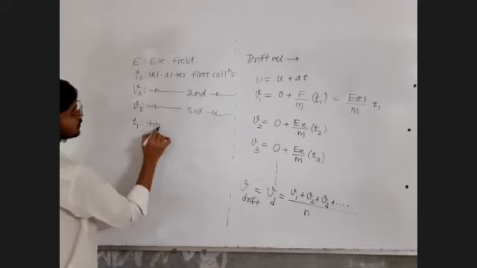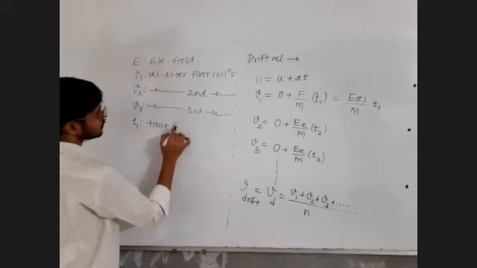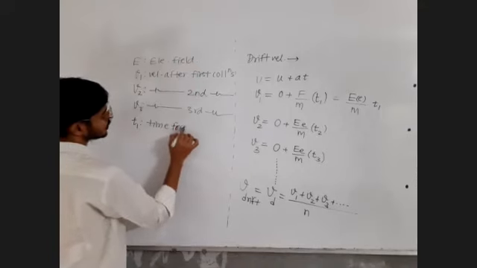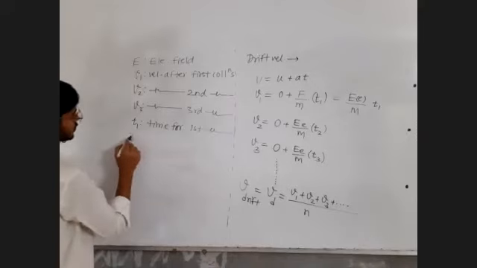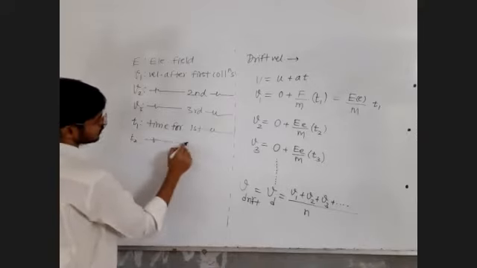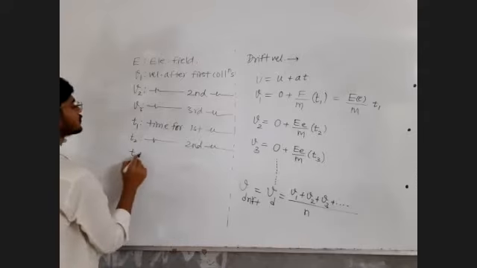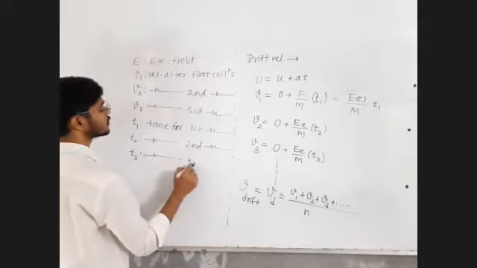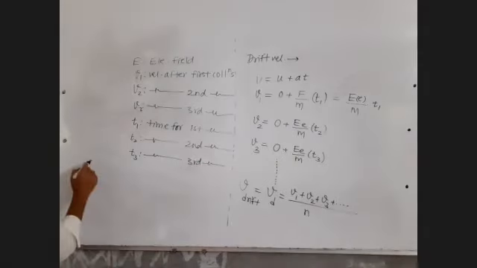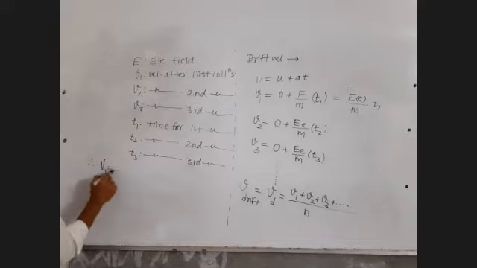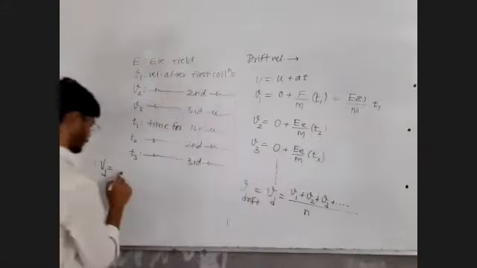T1 is the time for the first collision, T2 the time for the second collision, T3 the time for the third collision. Therefore, drift velocity is equal to V1, which is E by m into T1.